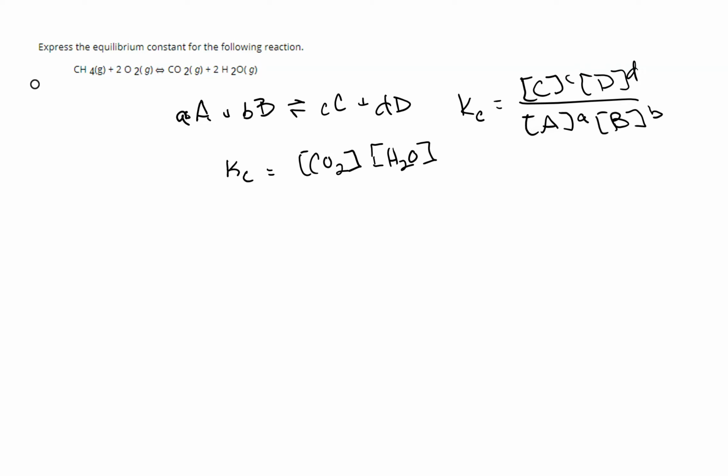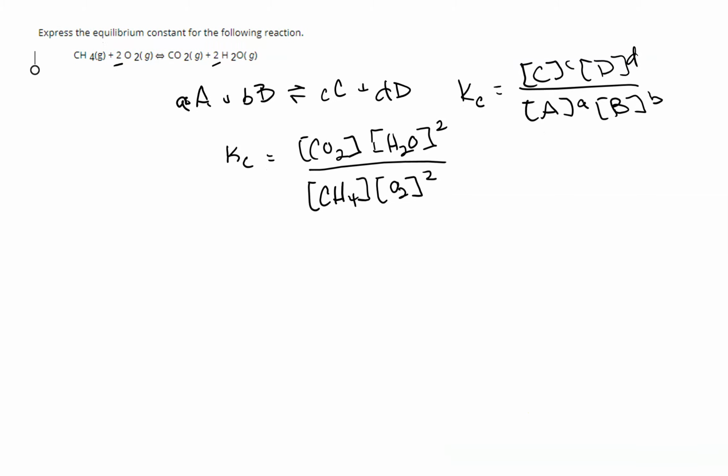Concentration of our water vapor squared, because it's raised to the second power, over our concentrations of our reactants, which in this case are methane gas, raised to the first power, times concentration of oxygen gas, raised to the second power, because that's our coefficient. So that's the answer in this particular case. Always just look at your products over your reactants raised to their respective power, and you're well on your way to setting up an expression to describe your equilibrium.